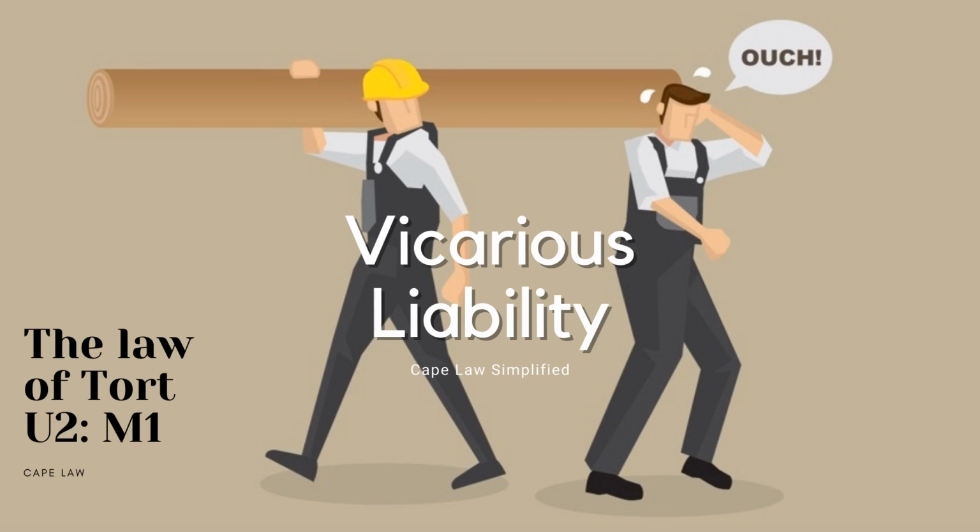In the case of Lloyd and Grace Smith and Company, the defendant firm of solicitors employed a managing clerk who was authorized to do conveyancing work for the firm. The clerk induced the plaintiff, who owned a number of properties, to instruct him to sell the properties. He then persuaded her to execute two documents which he falsely told her were necessary for the sale, but which in fact were conveyances of the properties to himself.